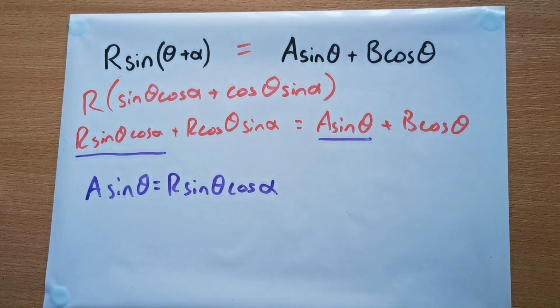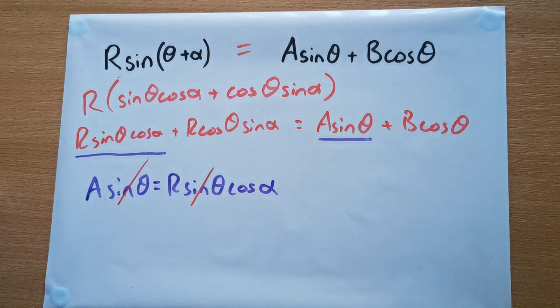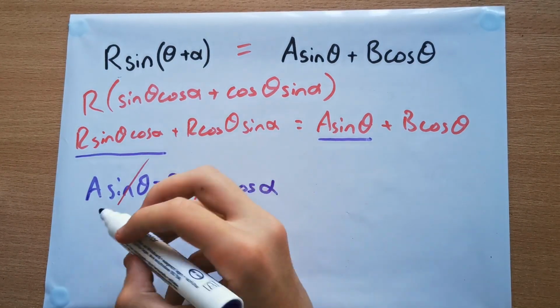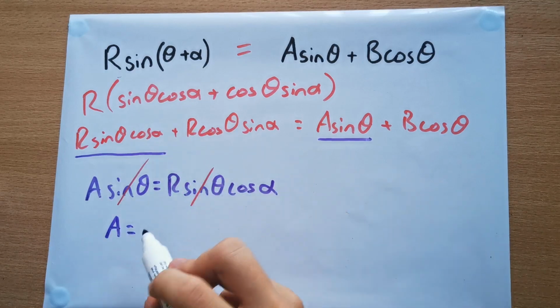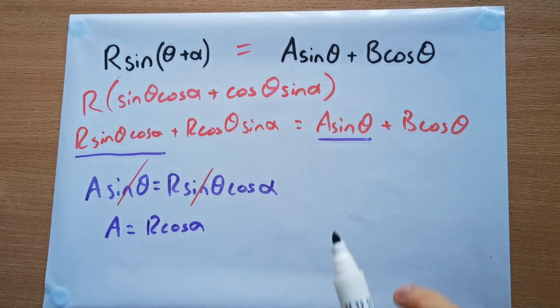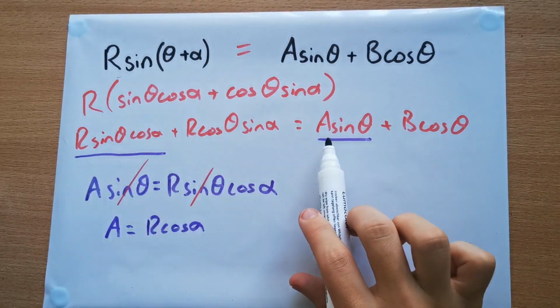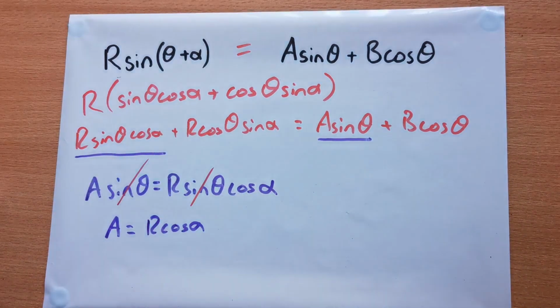And because there is a sine theta on both sides, you can cancel them out. Divide through by sine theta on both sides, and you're left with a is equal to r cos alpha. Now you can go straight to that if you say I am finding the bits with sine theta on both sides, or you can do that.